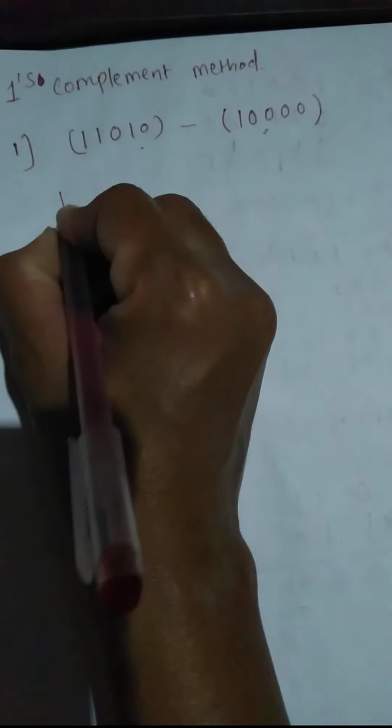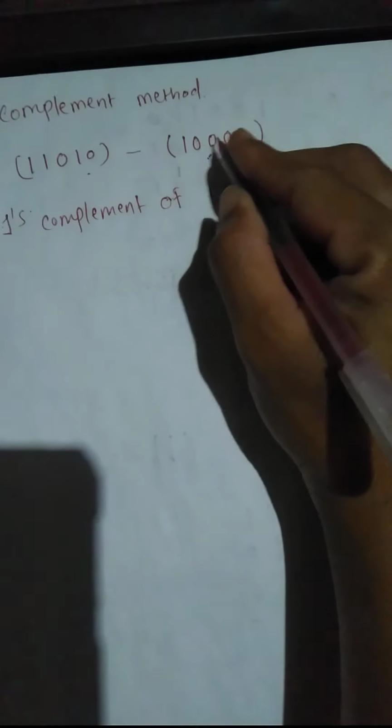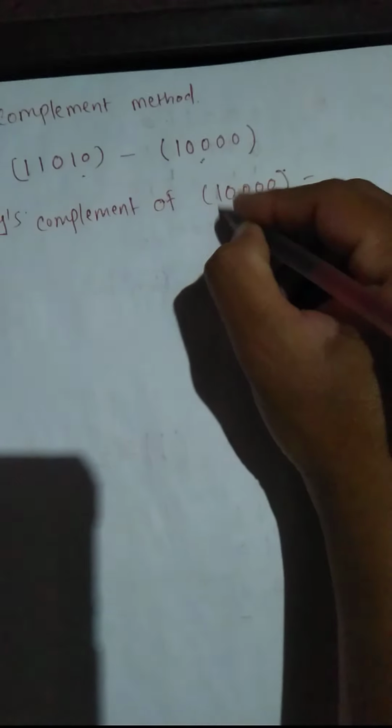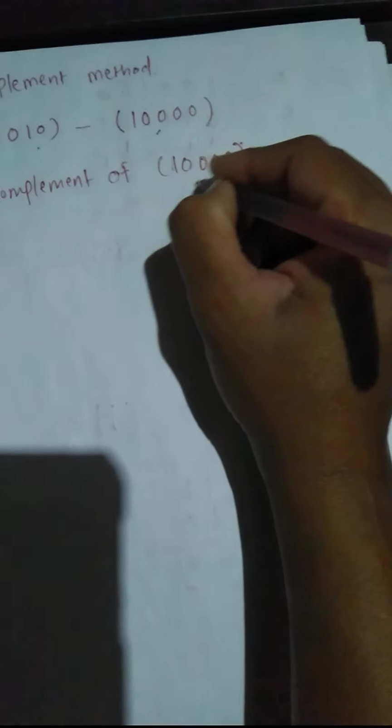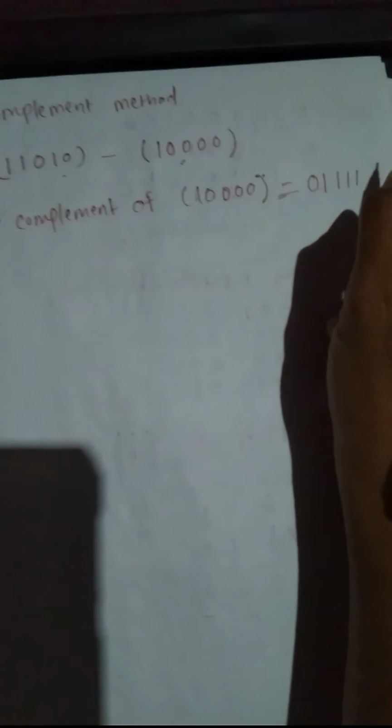So take the ones complement of the second number B, the ones complement of 10000. Ones complement means invert the bits, so 1 becomes 0 and 0 becomes 1, so the ones complement is 01111.